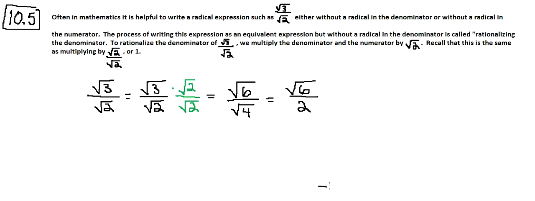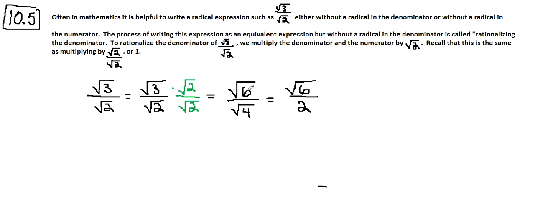And as you can see, we've got the square root of 3 divided by the square root of 2. And then we multiply the top, I got it in green there, by the square root of 2 divided by the square root of 2, which we then multiply together going across.